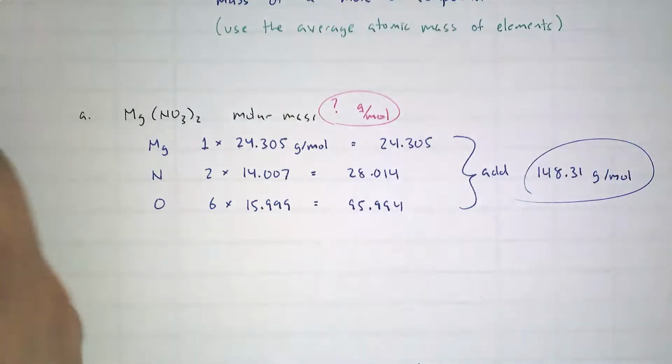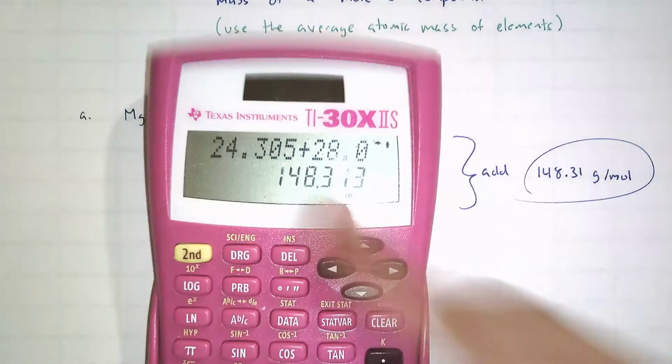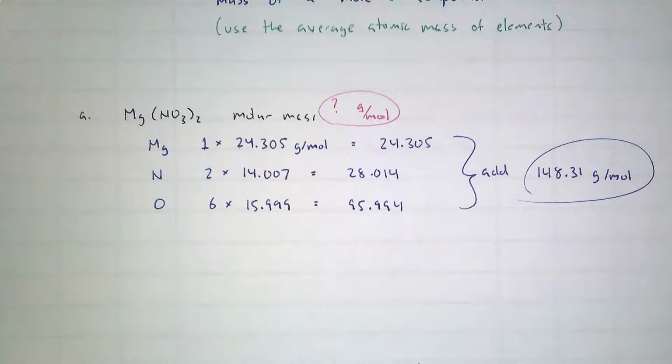Just because I'm a little bit worried I miscopied this, let me add them up one more time. 148.31 rounded. That is the molar mass of this ionic compound.